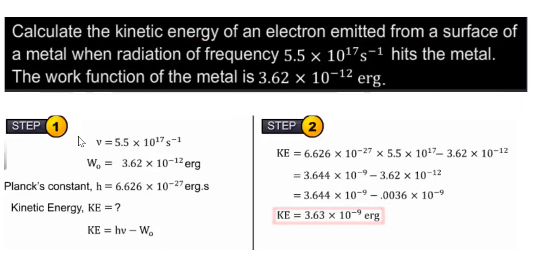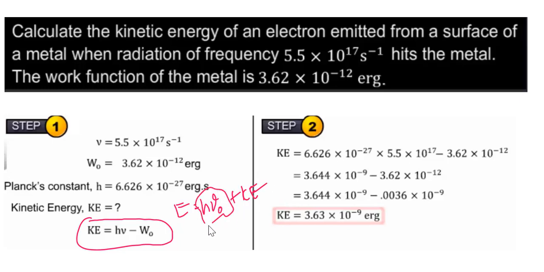You can see here the first formula is KE equals h nu minus W naught. Otherwise you can write the same formula like this also: E equals h nu naught plus KE. This h nu naught is nothing but W naught, plus KE as it is written. So in these two formulas, you can use any formula.